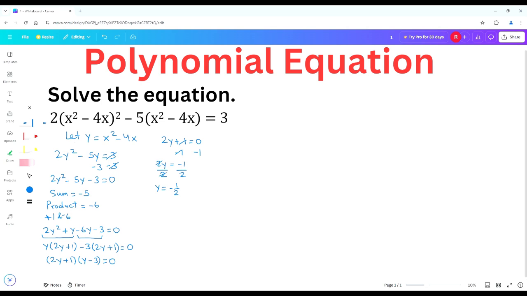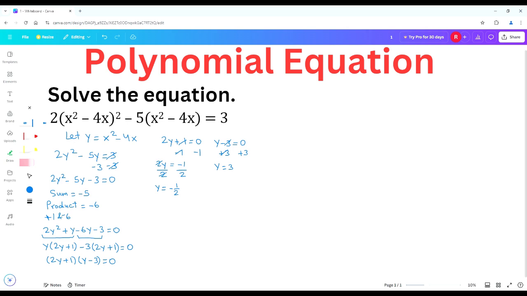Now we can analyze the second factor. So this is the second value of y. So these are the two values of y we have to use to find the value of x.